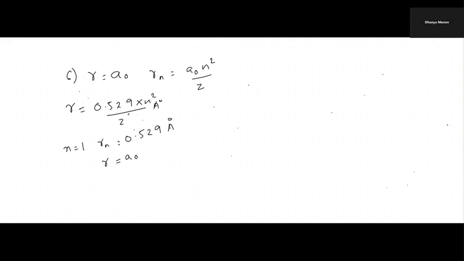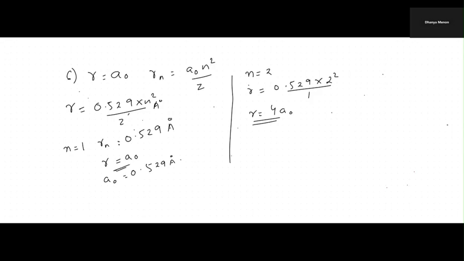And they have also given in the question itself that the radius is equal to a0. So that means a0 is equal to 0.529 Angstrom. Now, when n is equal to 2, R is equal to 0.529 times 2 square by 1, so R is equal to 4a0.